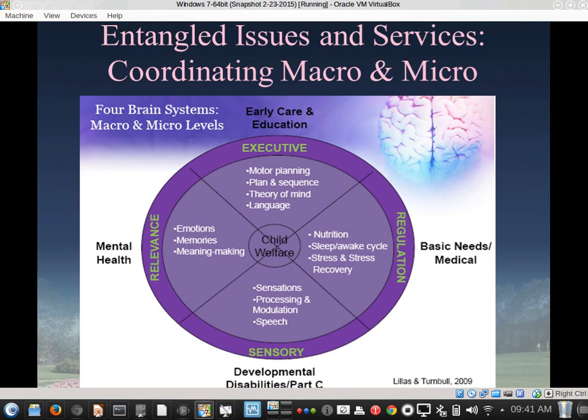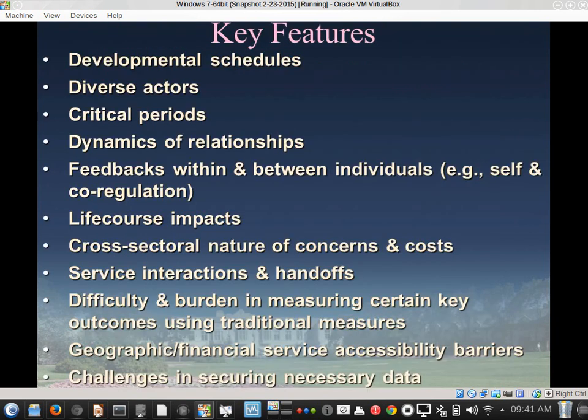These macro level issues that shape funding and availability of services and accessibility of those services interact with these micro level factors. And if we think about where to invest most effectively, we need to consider the multi-scale, the multi-level aspects of this situation.